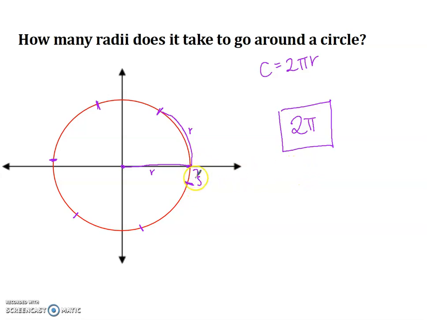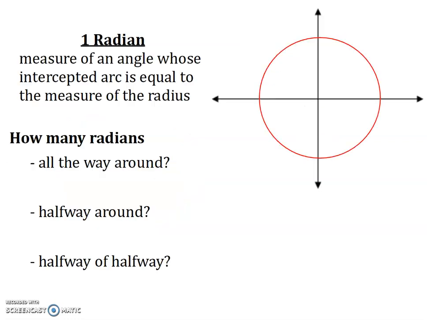So this little bit right here is about 0.28. If I look over here, when I counted to that third radius, to go halfway around, that's about pi. It's not about pi, it's exactly pi. So all the way around a circle takes 2 pi radii, halfway around takes only pi. So that's what our radian is based off of.